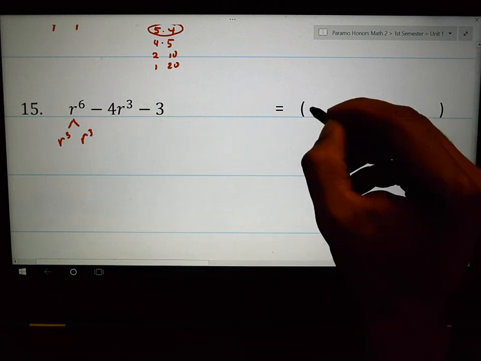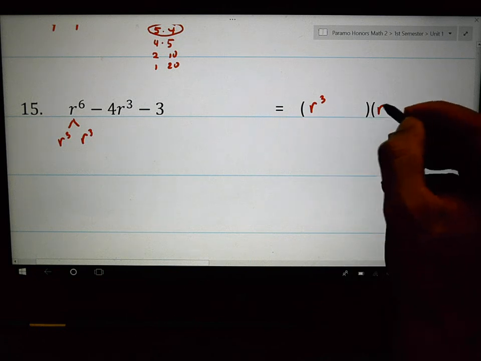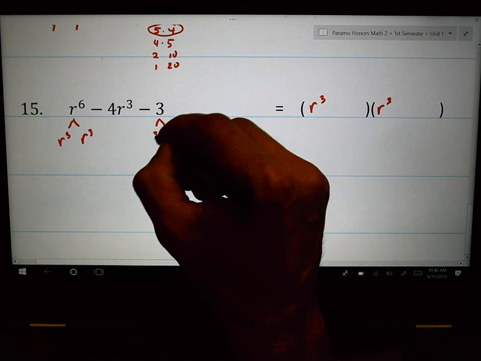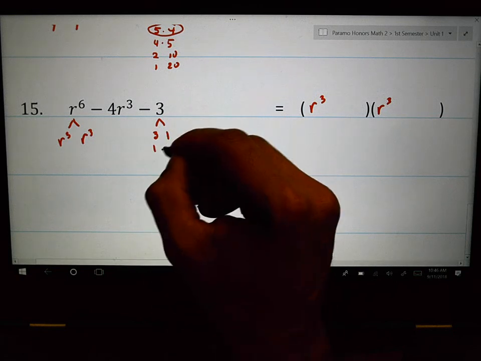I heard several people say r to the 3rd or r cubed. Same thing. Now what we got to do is break up the 3, and nice, because it's only either 3 times 1 or 1 times 3.